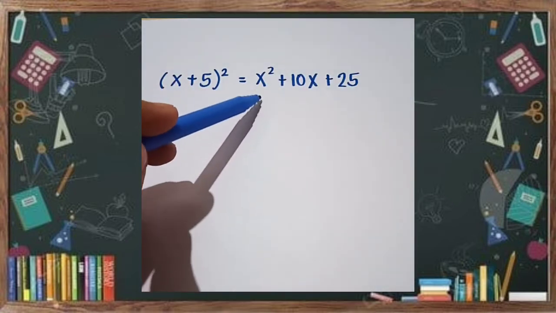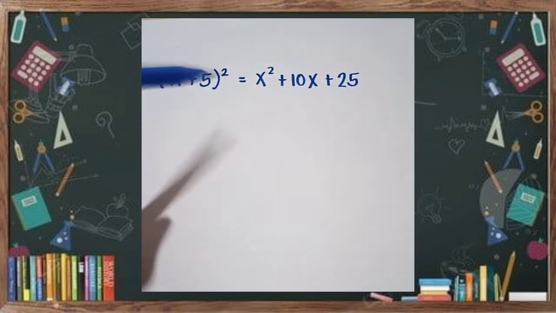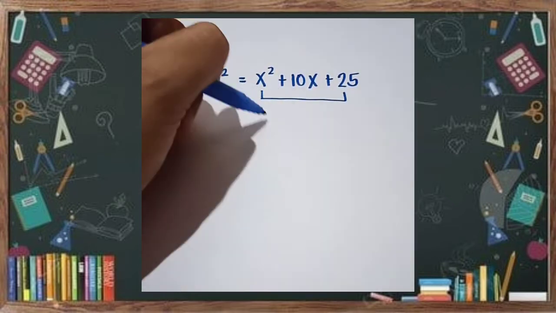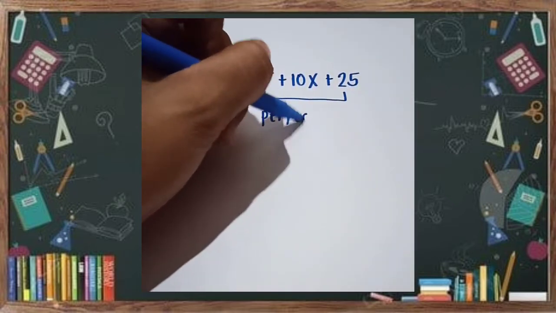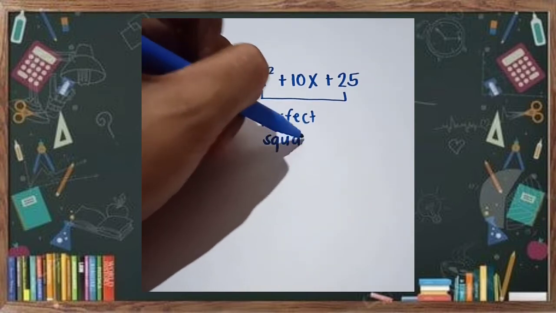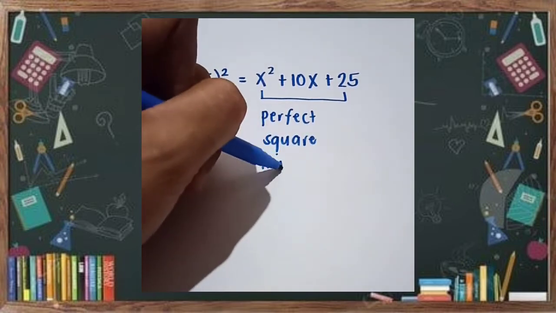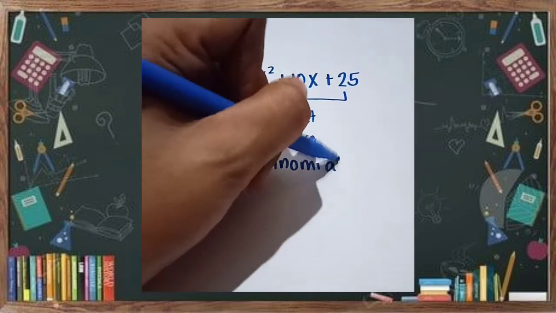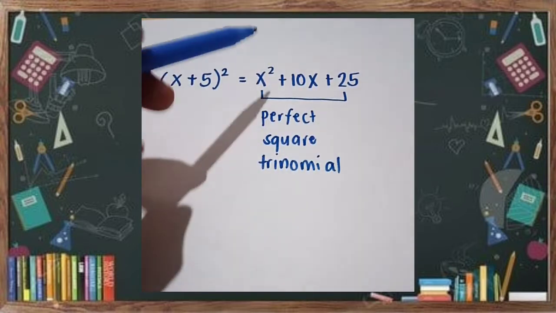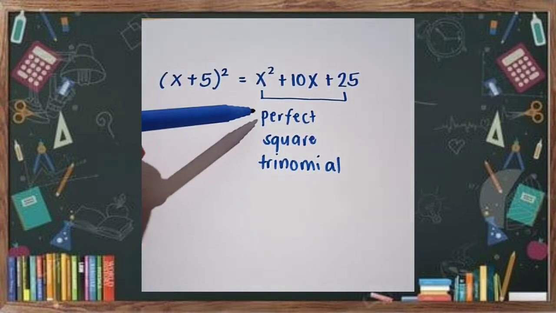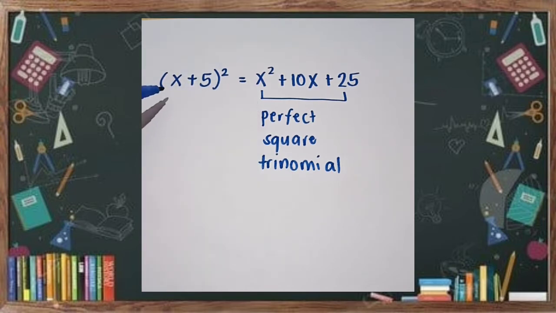So, this x squared plus 10x plus 25 is considered a perfect square trinomial. So, ibig sabihin, ang mga perfect square trinomial ay nanggaling sa square of a binomial. Okay, so in factoring a perfect square trinomial, the answer or the factors are in the form of the square of a binomial.